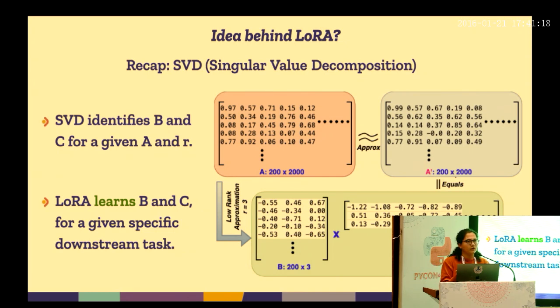This is a standard data compression algorithm used in most ML techniques, right? Here SVD identifies B and C given an A and an R. Now what LoRA proposed is we learn this B and C. You initialize B and C some way and you learn these B and C matrices, B and C layers, whatever you call it, for a specific fine-tuning task that you want to choose.